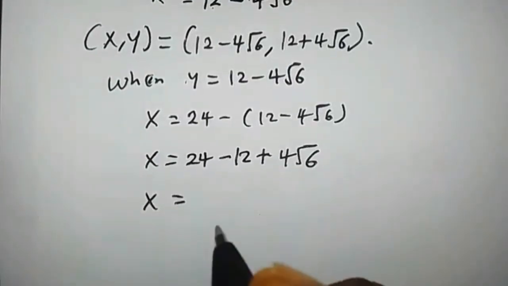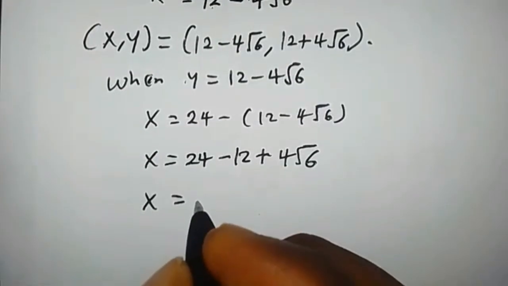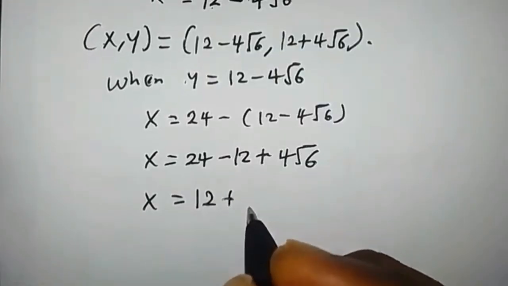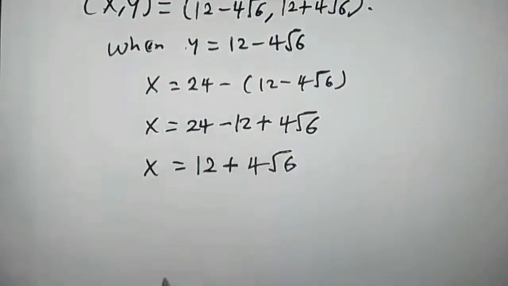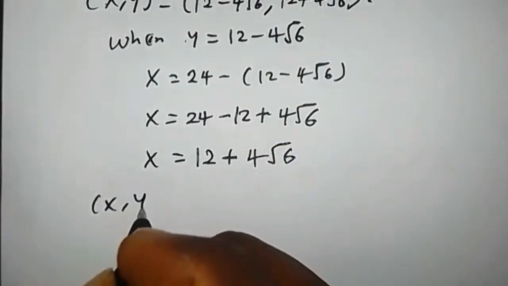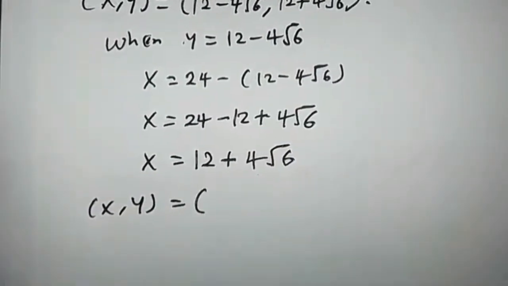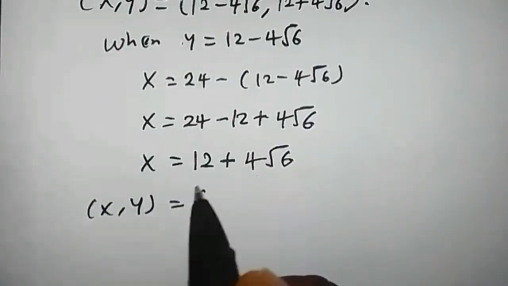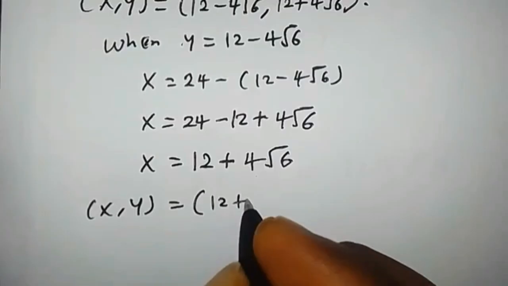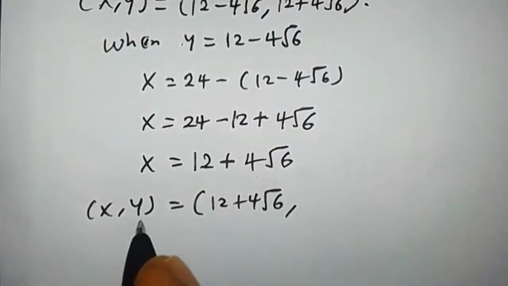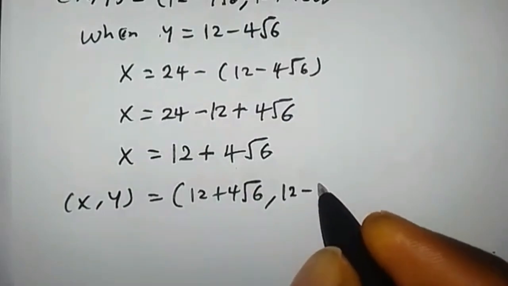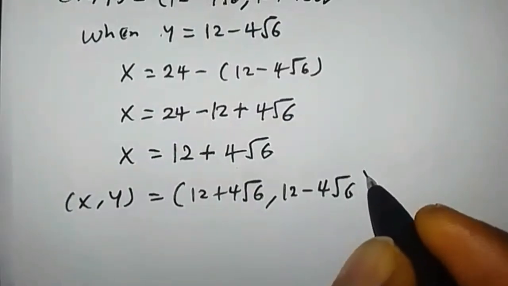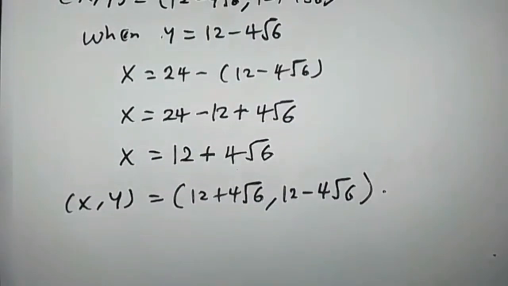Clearly, x equal to 24 minus 12, that is 12, plus 4 root 6. That means x comma y is equals to, when x is 12 plus 4 root 6, the value of y is 12 minus 4 root 6. This is the second solution.